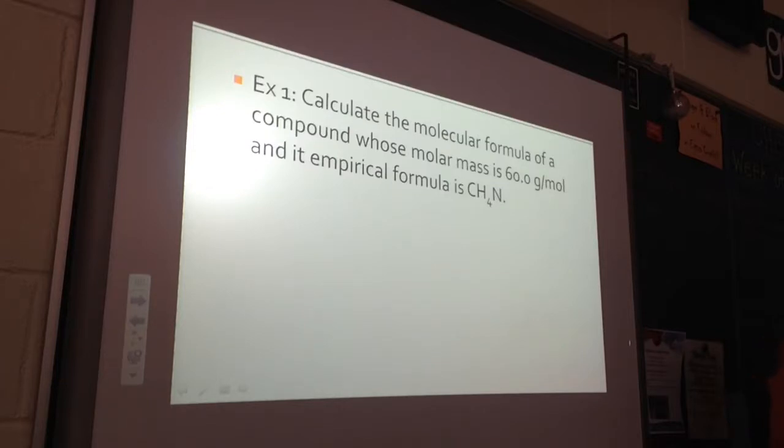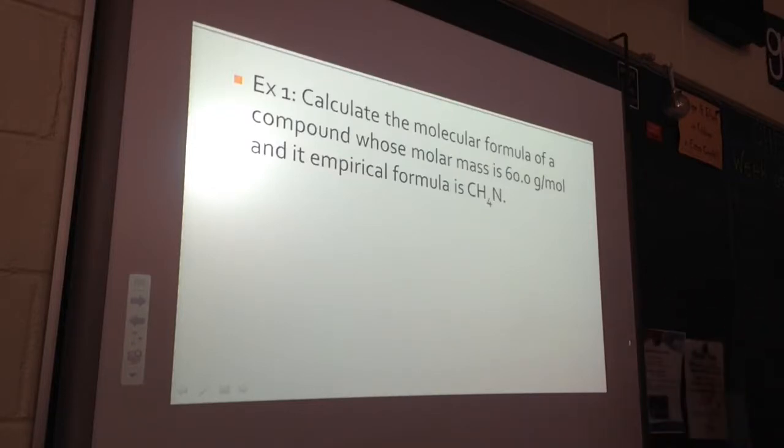Usually with a possessive it's apostrophe s, like Michael's pencil, but with its, it is the exception. Okay, so its empirical formula is CH4N.